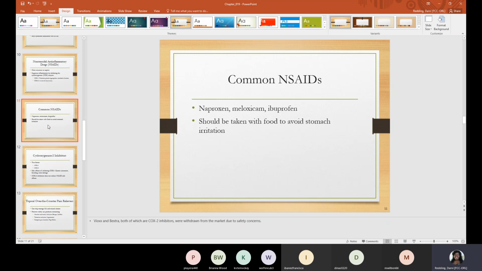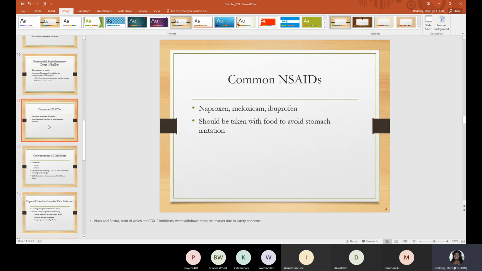Excuse me, Motrin and Aleve are the brand names for ibuprofen. For meloxicam, the brand name of that drug is Mobic. And for naproxen, the brand name of that drug is actually naproxen, which sounds just the same, but the ending is spelled differently.